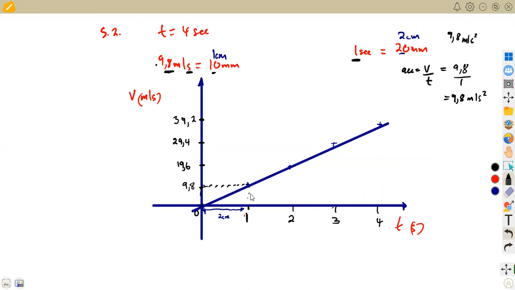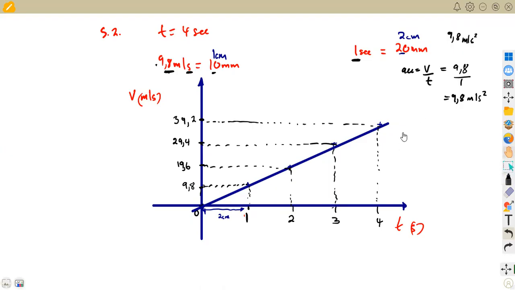So it's 9.8 versus 1, 19.6 here versus 2, and so on. This is 3, and this one corresponds with a 4. So this is what your diagram is going to look like.